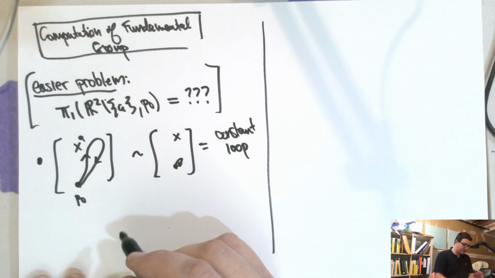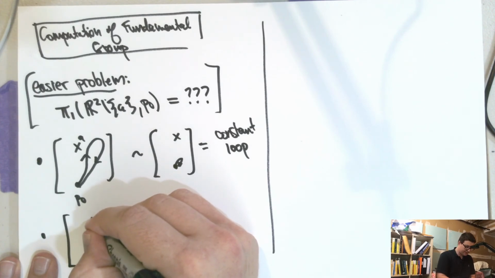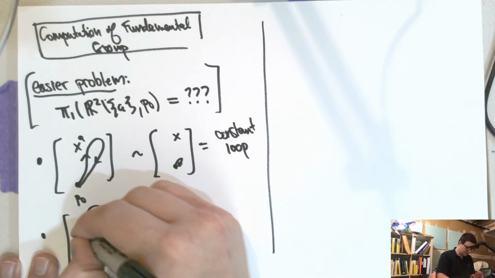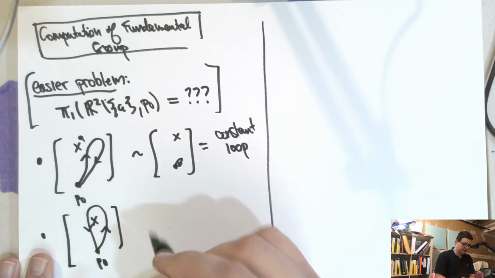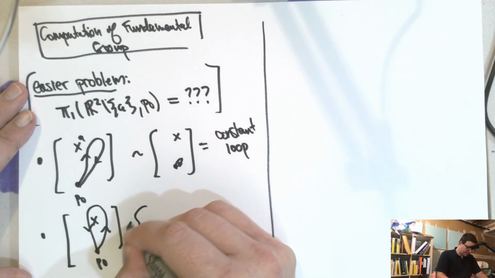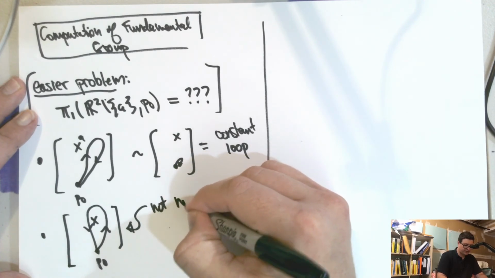We also have elements that are not null homotopic, like this: the ones that go counterclockwise around A. So this is not null homotopic.